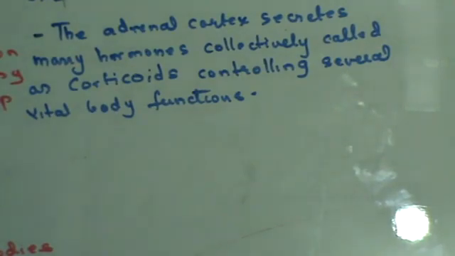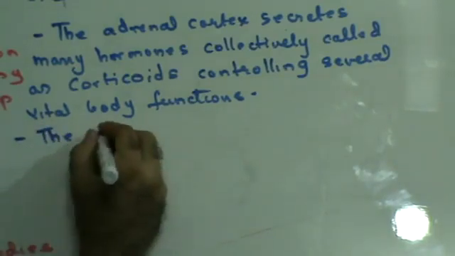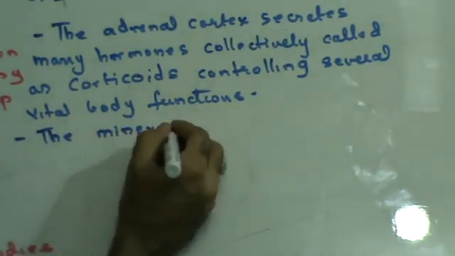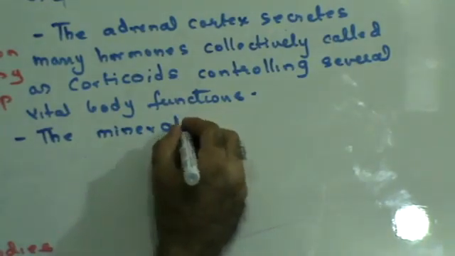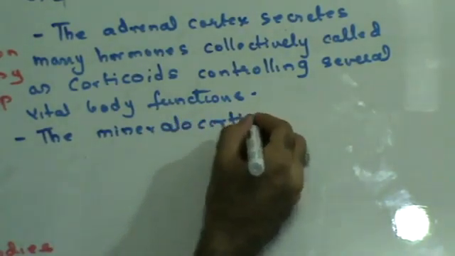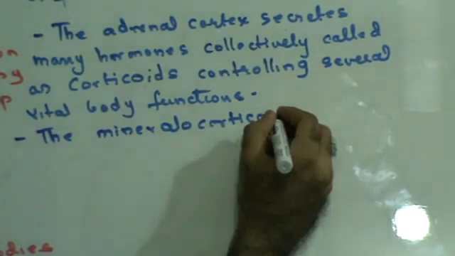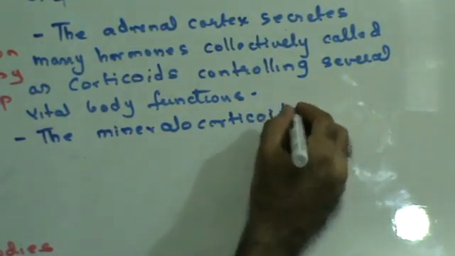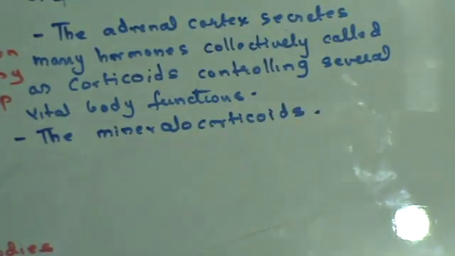Let's see which hormones are secreted and what they control. The first is the mineralocorticoids. That's the first hormone that is secreted.